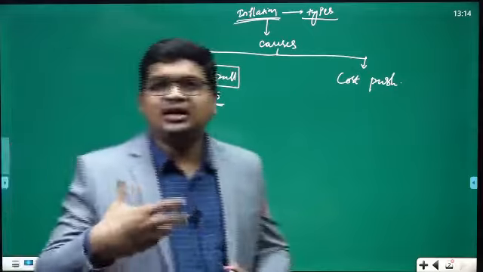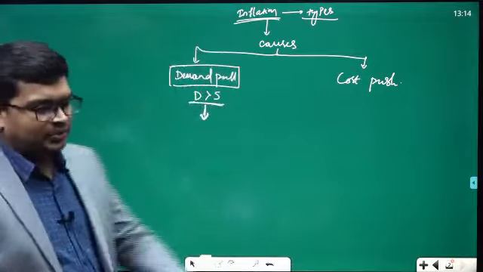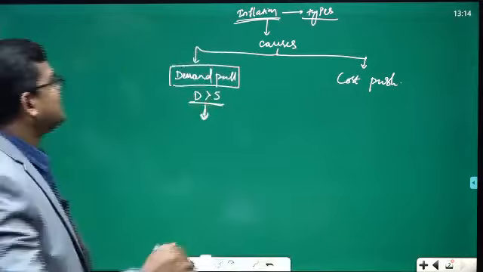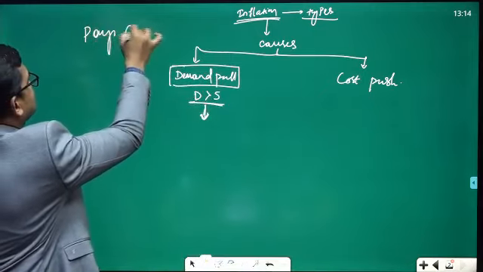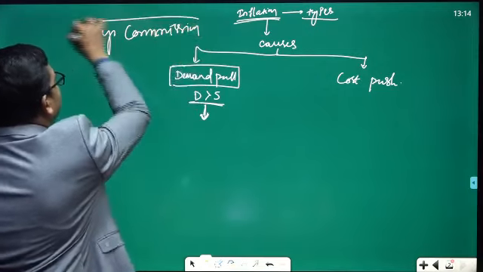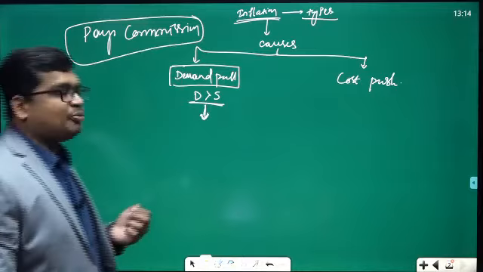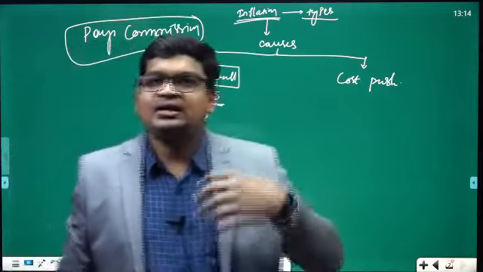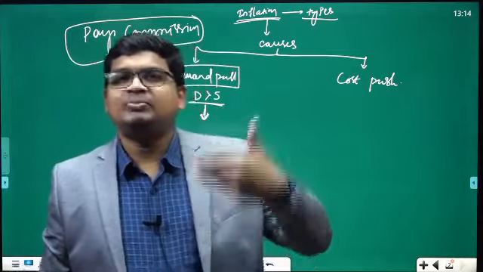income of the people increased due to, let's say, revised payment or due to the pay commission. Income of the people increased, or suppose the government revised the minimum wage rate, then the income of the population increased.